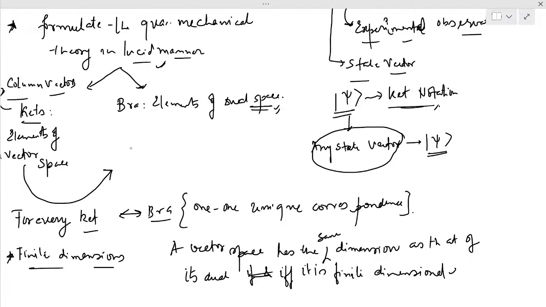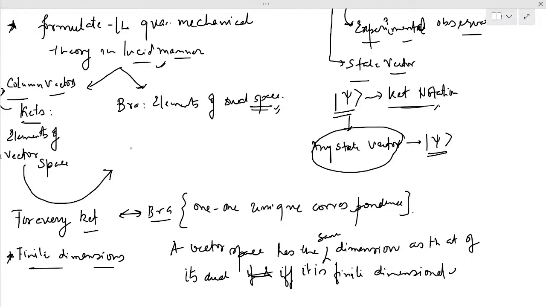So we want functions which are square integrable. If the functions are not square integrable, then things won't work. That is why Ket and Bra notation simplifies that representation which we do in coordinate space, that is, in integrals.